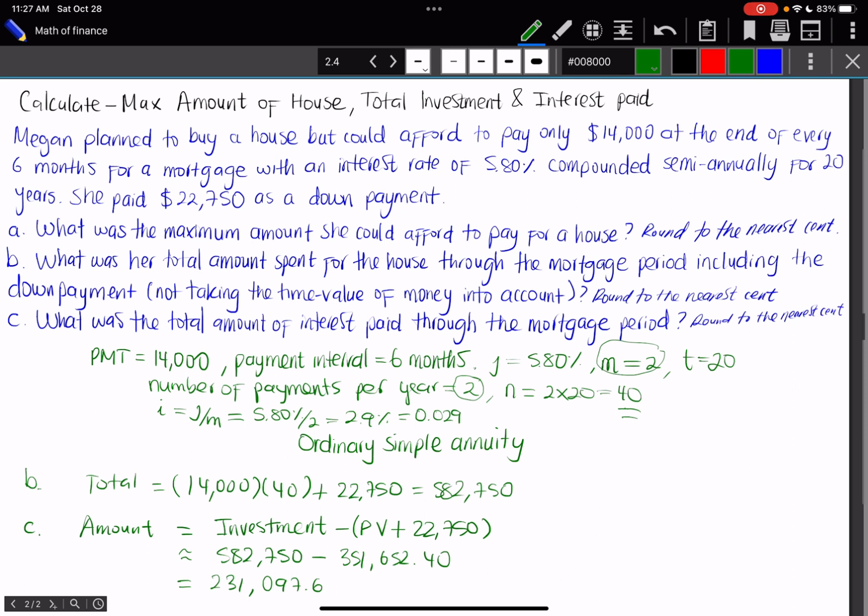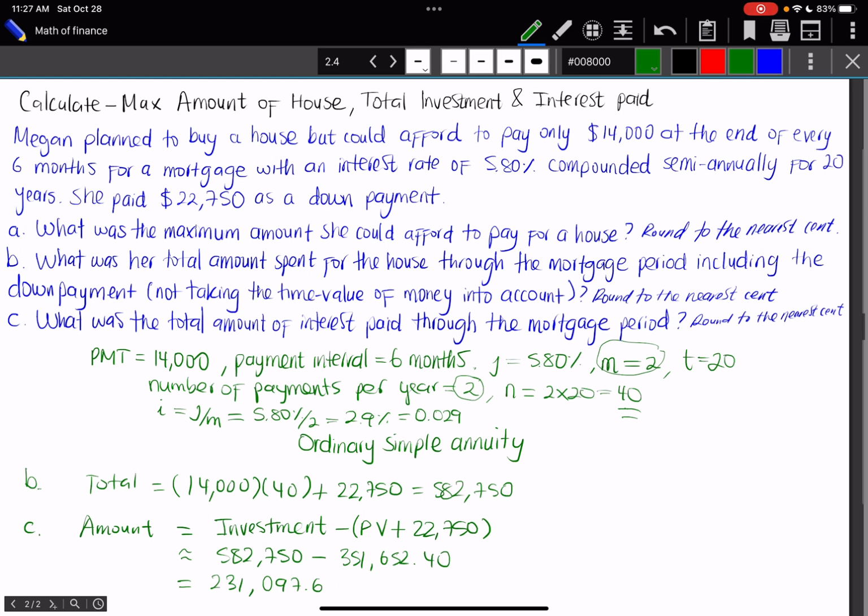That was the most complicated part, part A, and then for parts B and C, we just went ahead with much simpler formulas. For part B, the total amount spent for the house through the mortgage period, including the down payment, was those $14,000 that Megan was willing to deposit every 6 months for 20 years, multiplied by 40, the total number of payments, and then we added the down payment.